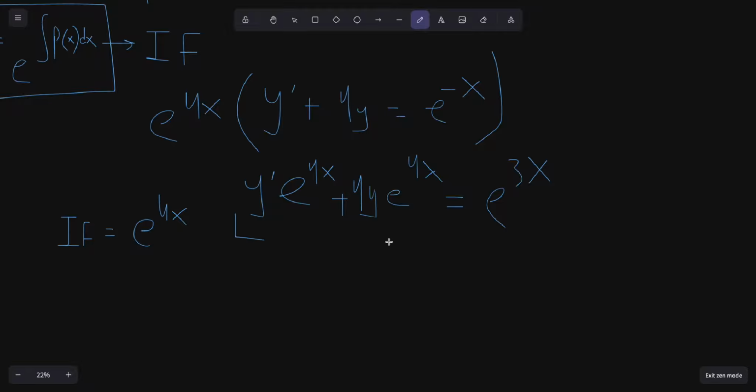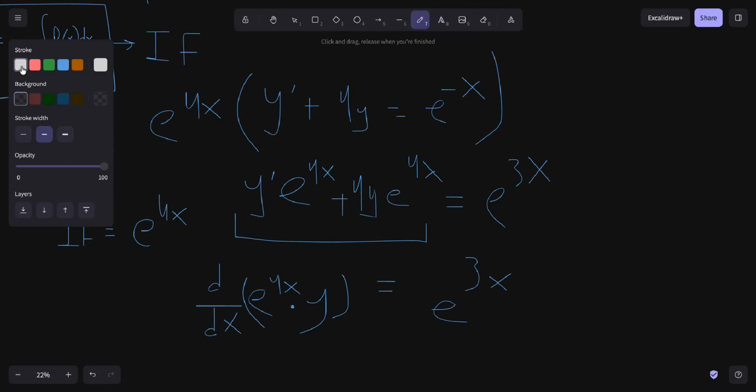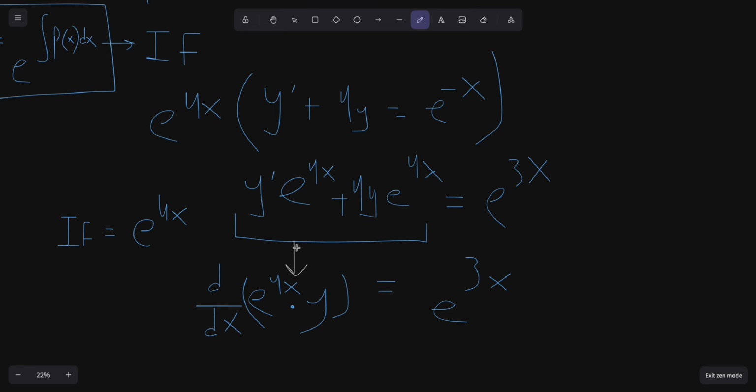And so notice how we can actually write the left side as a product rule. We can write it as e to the 4x times y. And if we take the derivative of that with respect to x, that's actually going to be the left-hand side of the equation written as a product rule.